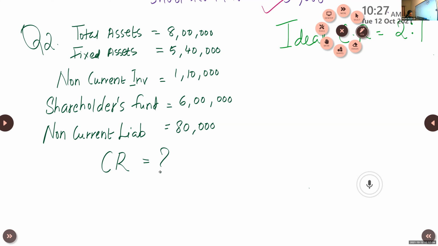Now, when you get all these figures, the balance sheet items are given to you. Total asset, fixed asset, non-current investment, all that. So, it is better for you to prepare a balance sheet as a working note. Okay? Working note.